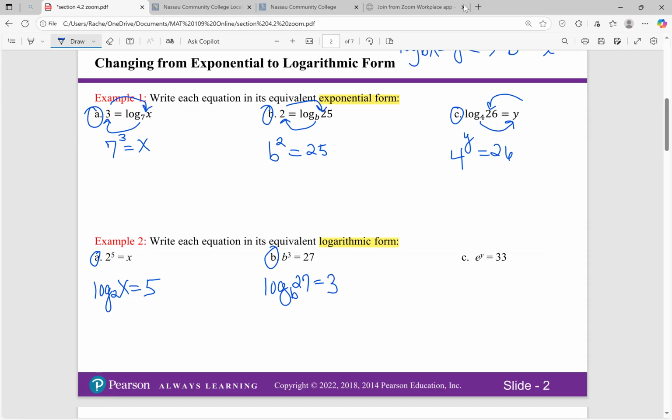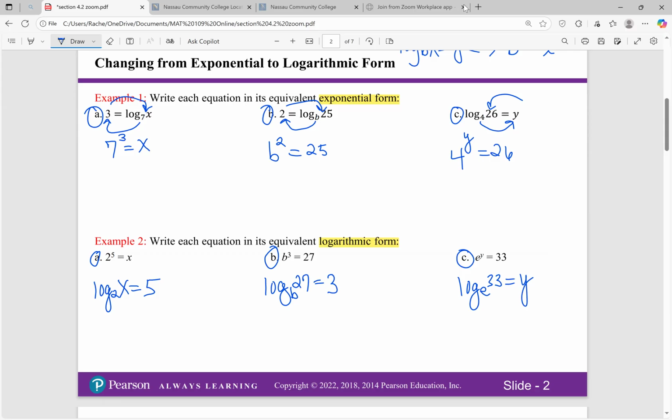And we'll do one more. So we have base e in this case, e to the y is equal to 33. So we have log base e, because that's the base, of 33 equals the exponent, which is y in this case. So that's how we change from exponential to logarithmic form.